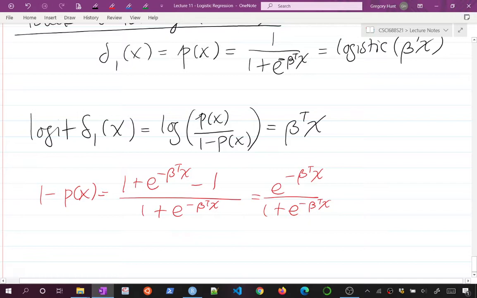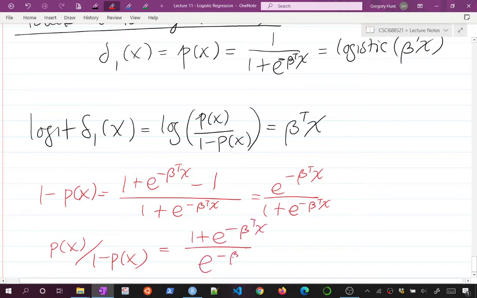And so I want to invert that. So p of x over 1 minus p of x: that over that, then I multiply by 1 over 1 minus p of x times p of x, which is just 1 over 1 plus e to the negative beta transpose x, which is just e to the beta transpose x.